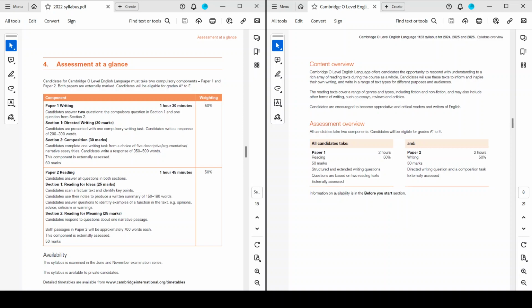The marks, however, have changed for paper 2, the writing paper, according to the 2024 syllabus. It previously used to be worth 60 marks, but it has been changed to 50. The reading paper was 50 marks previously as well, and it still is. So you've got an even 50-50 for marks and 50% each for the weightage.